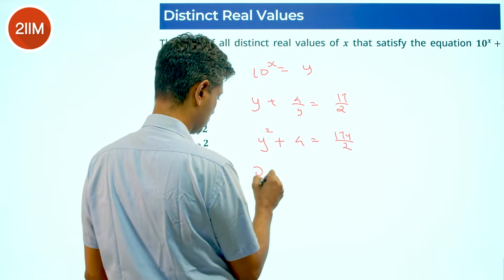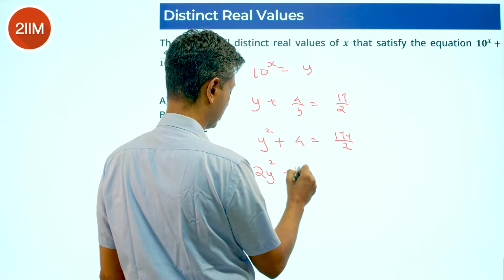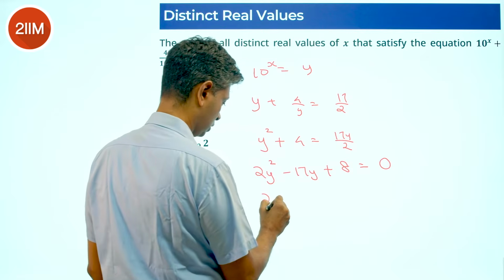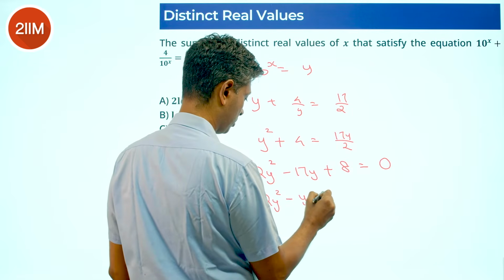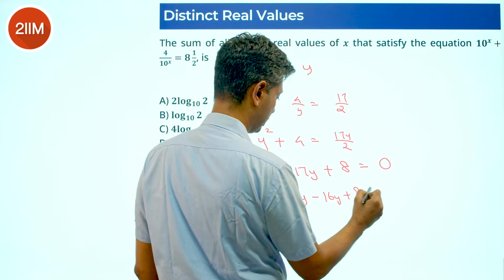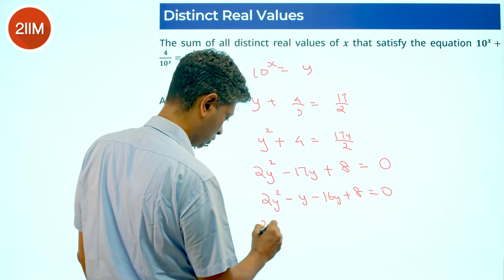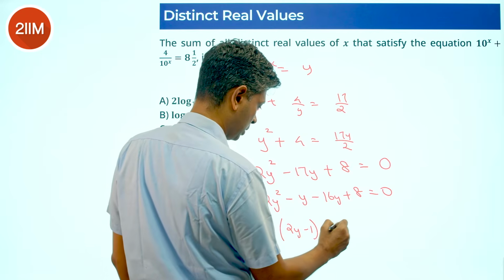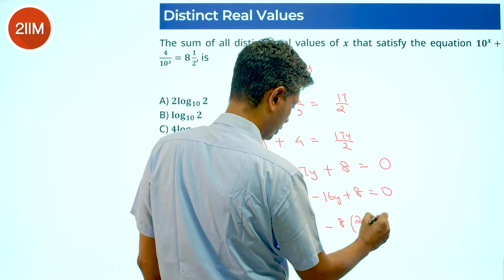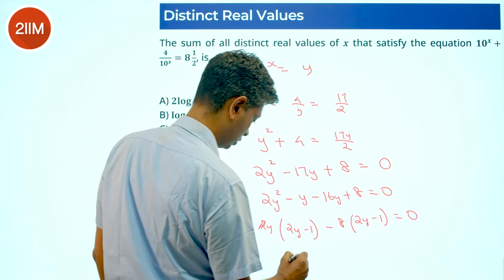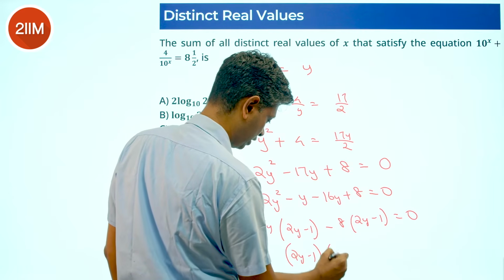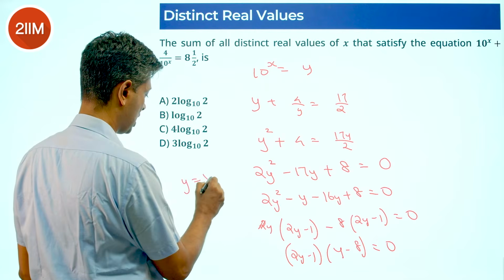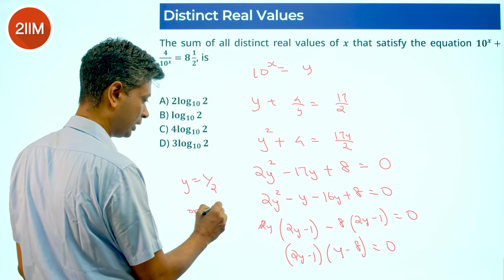Multiply by 2. 2y square minus 17y plus 8 is equal to 0. 2y square minus y minus 16y plus 8 equal to 0. y into 2y minus 1 minus 8 into 2y minus 1 equal to 0. 2y minus 1 into y minus 8 is 0. y is equal to half, or 8.